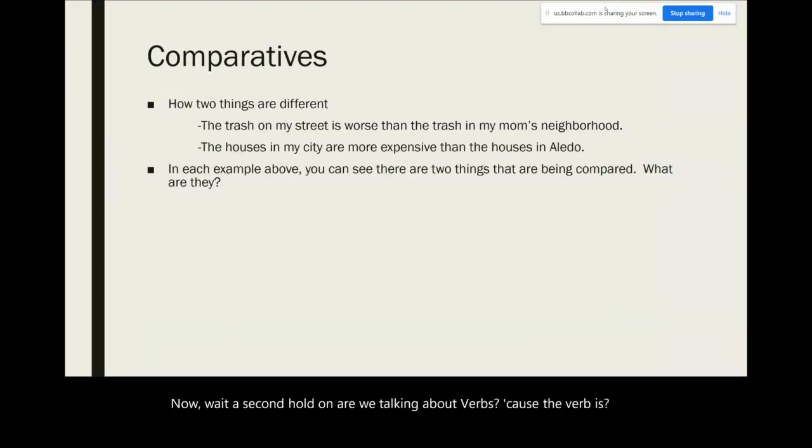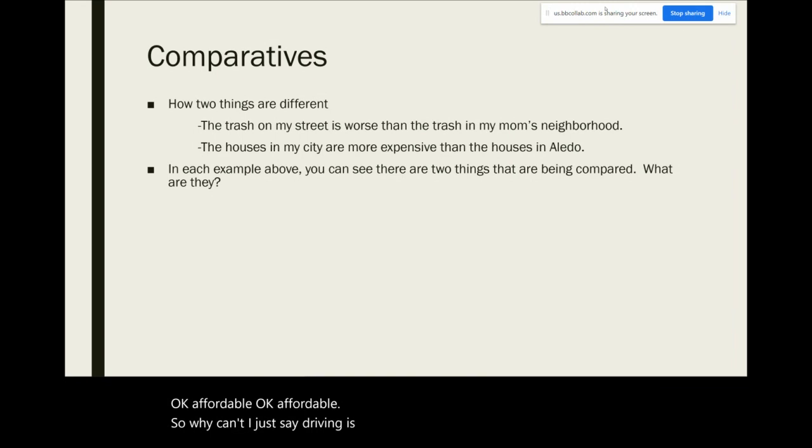Okay, so you're using the base adjective like green, scary. But the third one, affordable. Okay, affordable. So why can't I just say driving is affordabler with ER, affordabler than flying?